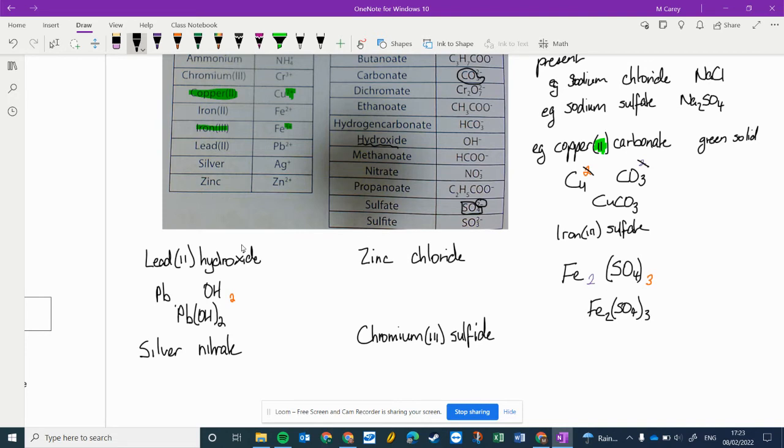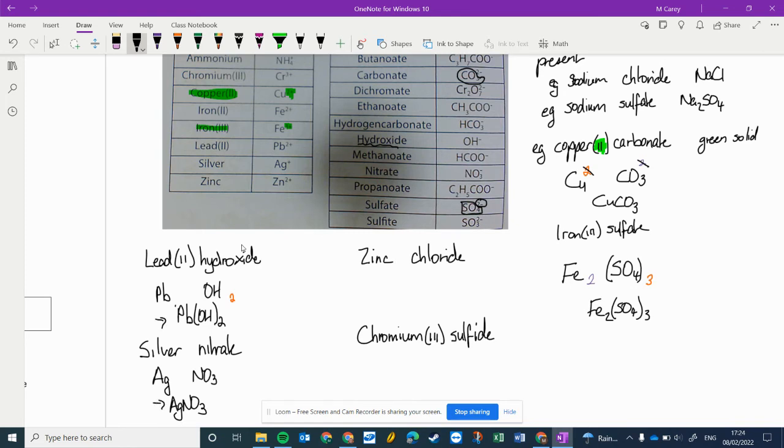Let's do silver nitrate. Silver is just a single positive charge, so it's Ag, and NO3 for nitrate, with a single minus. So when you lose the charge, there's nothing to drop and swap, and that ends up as AgNO3. Okay.